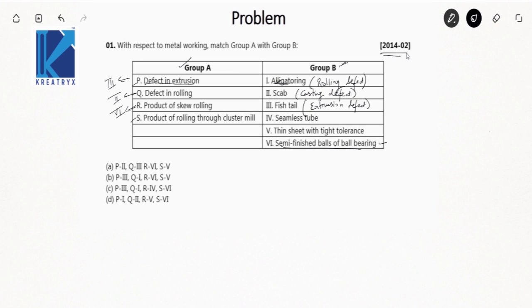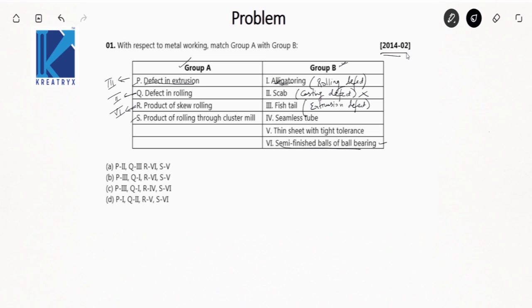Now what they are saying in S is product of rolling through cluster mill. If we again look at the options, the only options left are 4, 5 and 2. 2 is basically a casting defect, so it's already eliminated. Now we have to choose between 4 and 5.